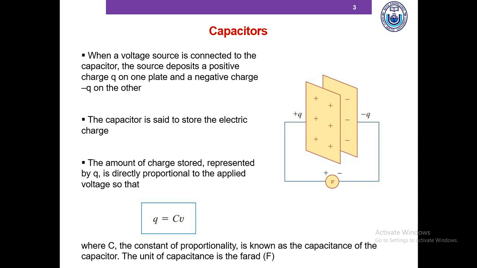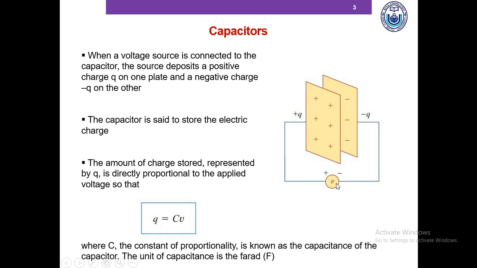So when a voltage source is connected to the capacitor, positive charges are deposited in one of the plates and negative charges are deposited on the other plate of the capacitor. The capacitor is said to store the electric charge, and the amount of charge stored, represented by Q, is directly proportional to the applied voltage. So Q here is proportional to V.